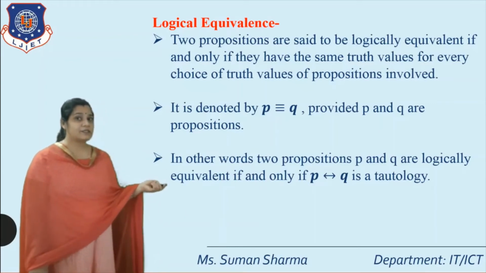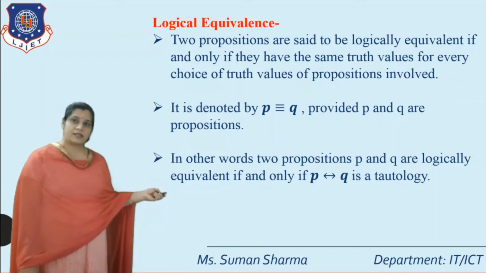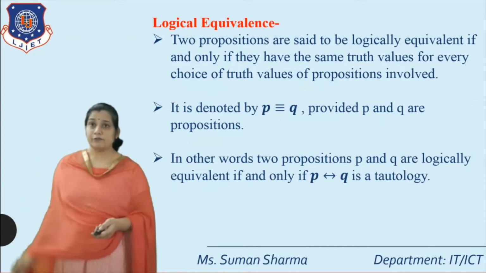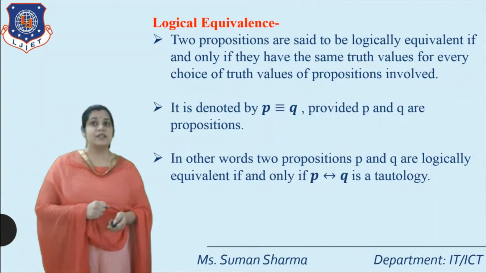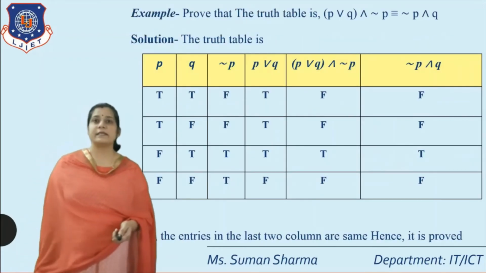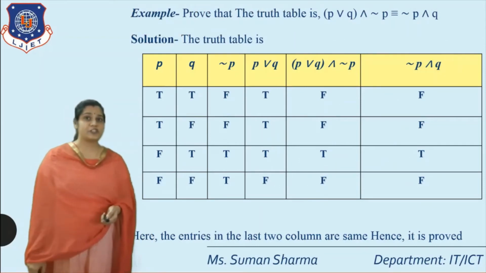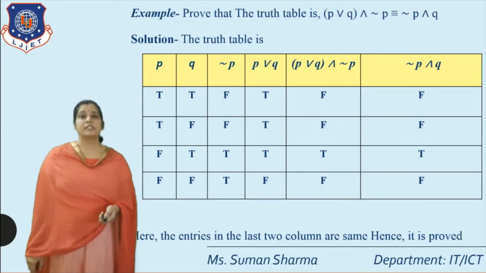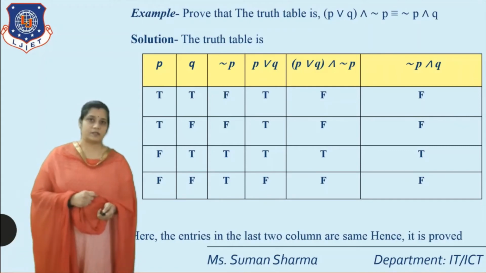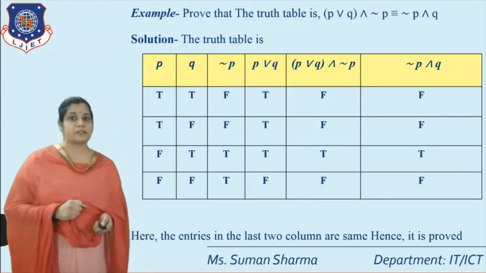In other words, two propositions P and Q are logically equivalent if and only if P biconditional Q is a tautology. Here is an example: prove by truth table that P disjunction Q conjunction negation P is equivalent to negation P conjunction Q.